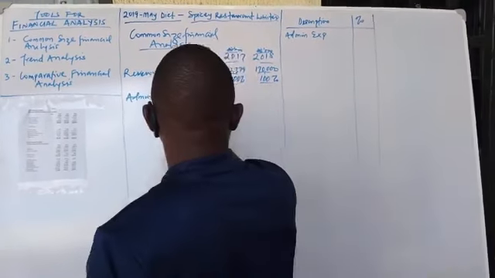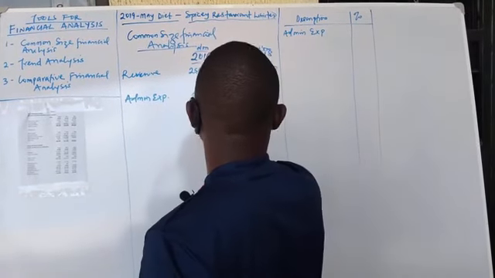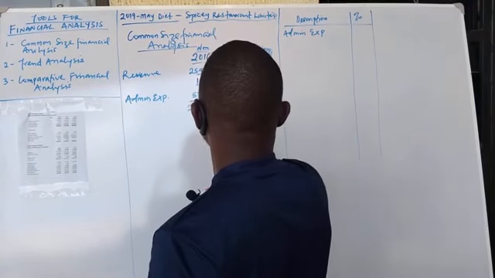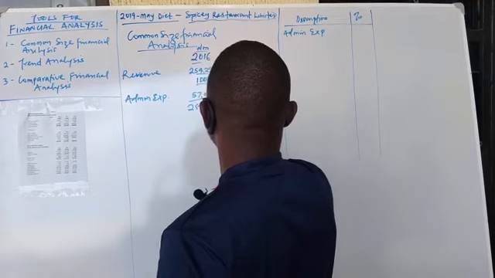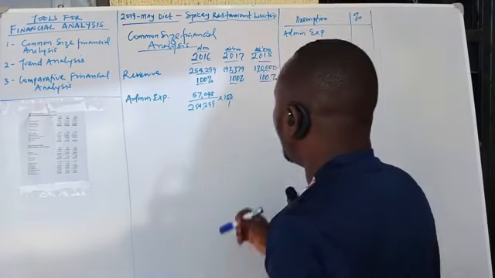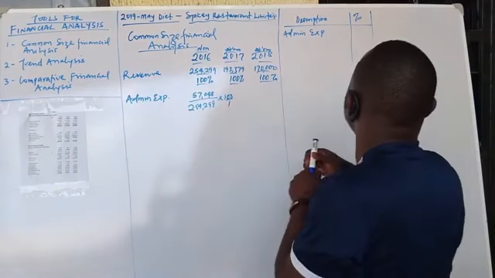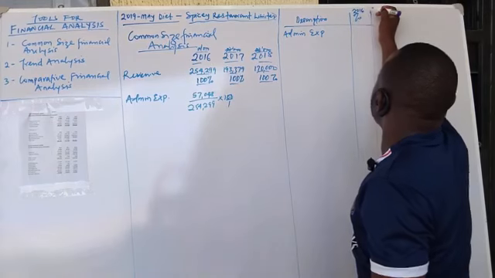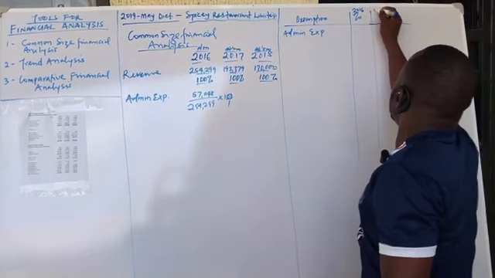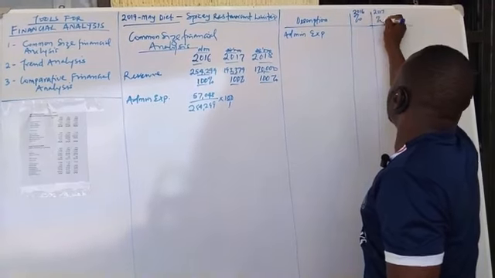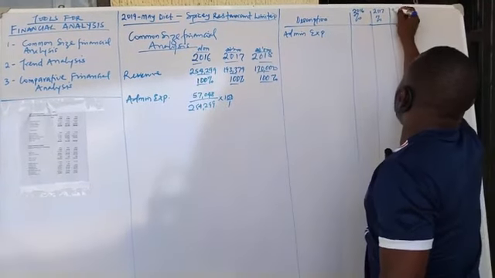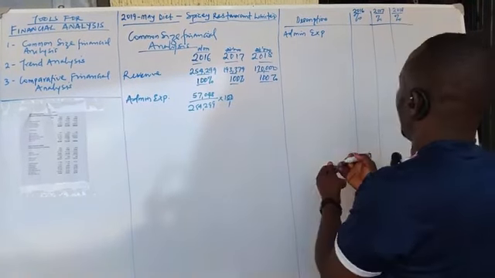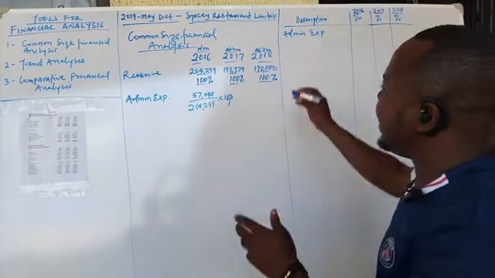You say admin expenses divided by 254,299 multiplied by 100 all over 1. Whatever answer this gives you, you will bring it here for 2016. This is 2017 percentage, and 2018 also percentage. All right, so you look at it in this manner.